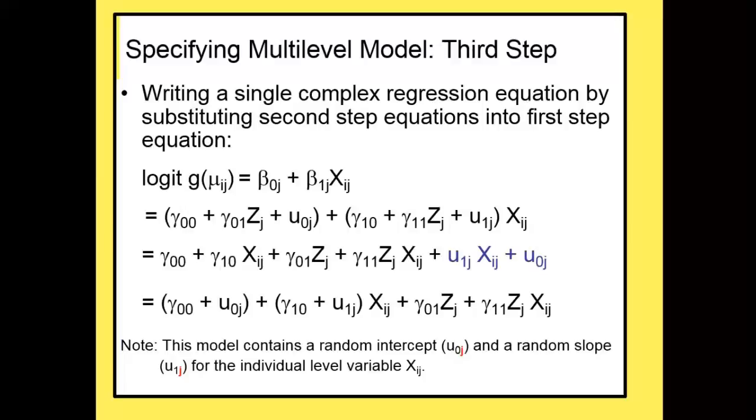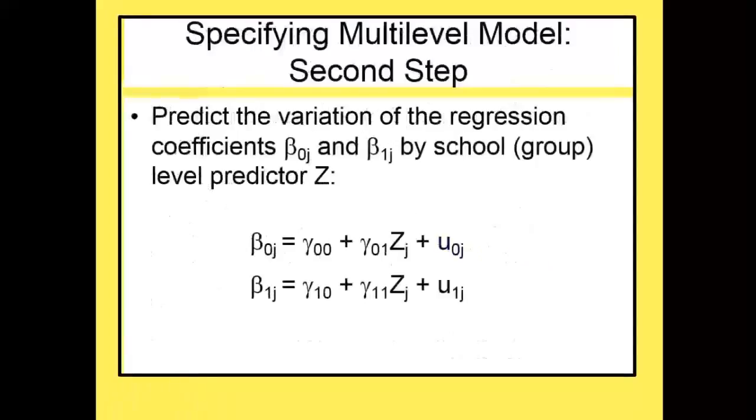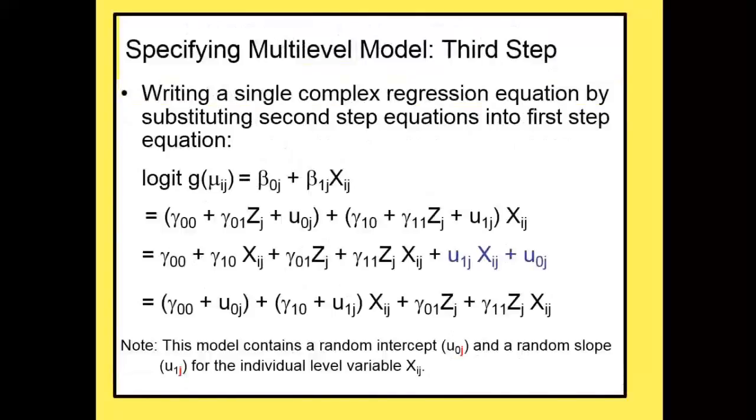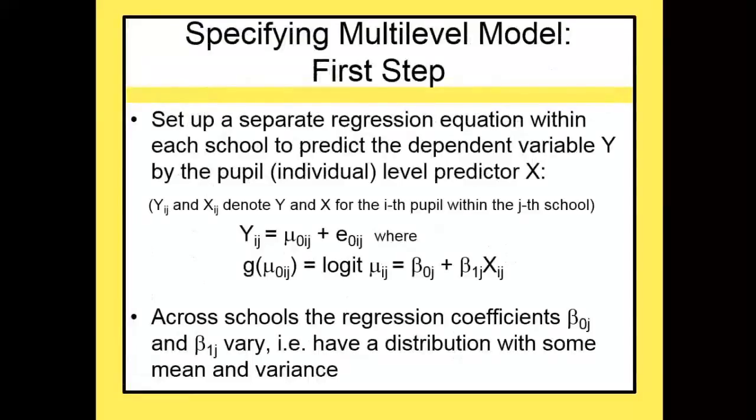So this overall model involves the variable at the individual level, the variable at the group level, and the interaction of those two. And it also involves, you see, the U0j and U1j, these are random effects. These are random terms because they come out of the second model. And you notice that the E term is not in there because we're talking about logistic, although it is in there in terms of this original model.